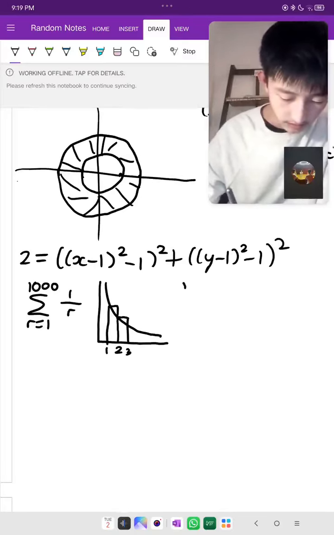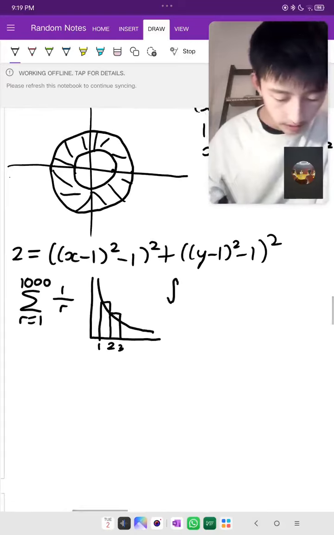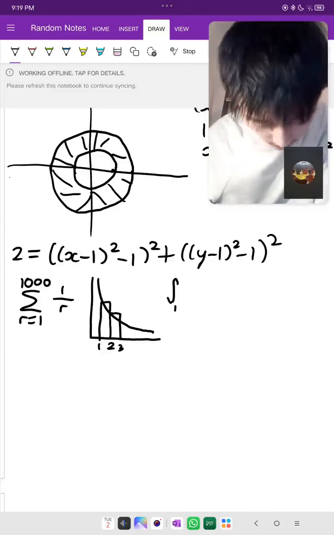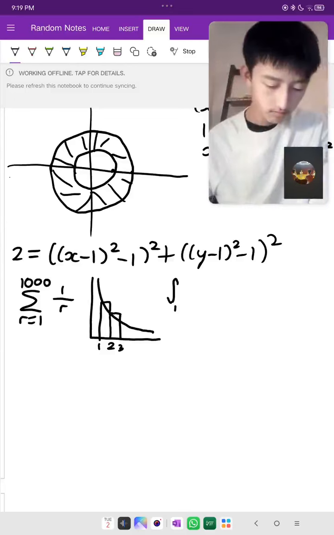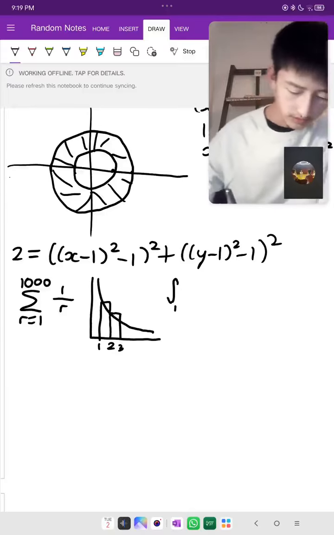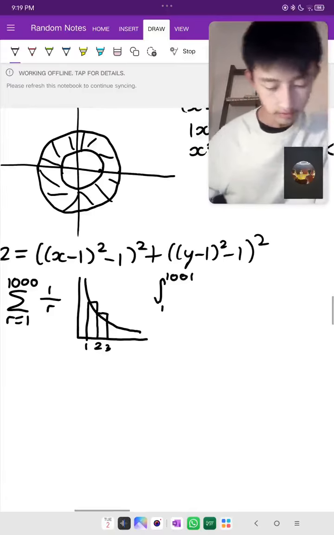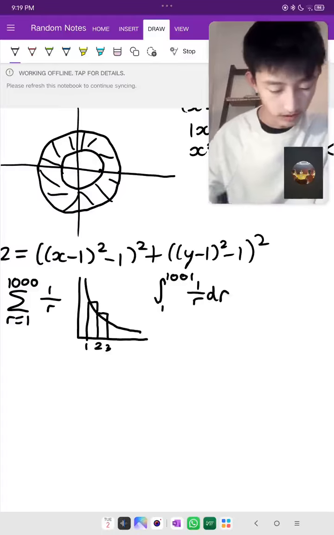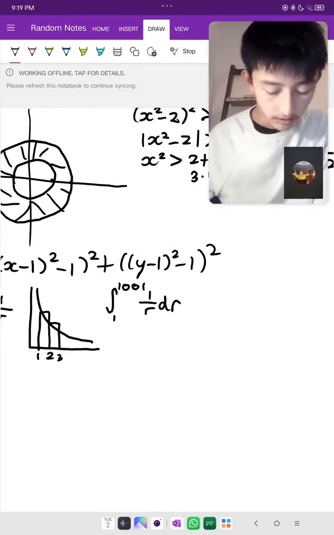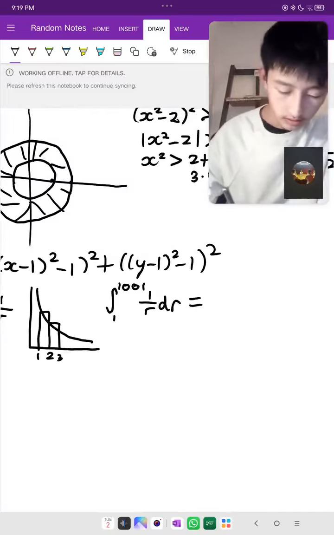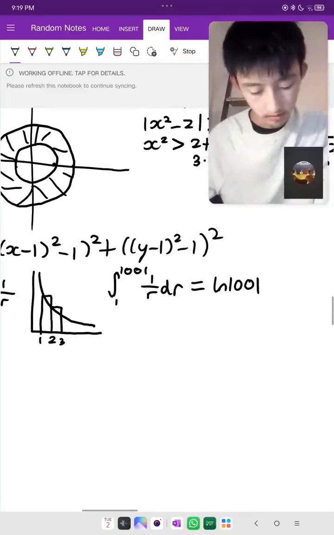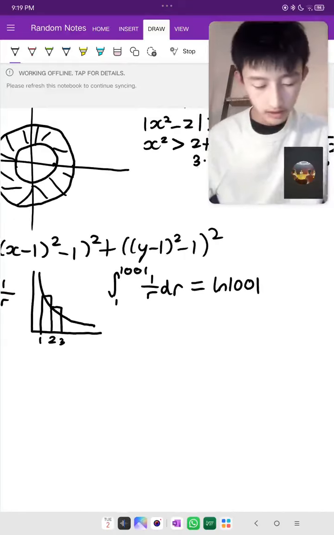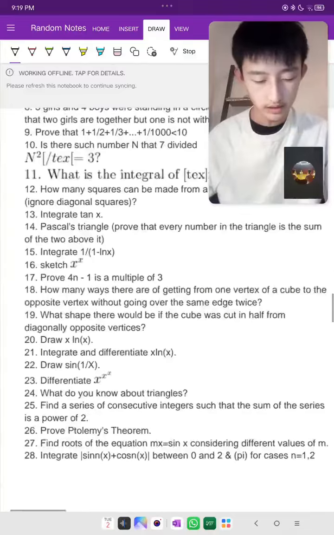So this means we are integrating from 1 to 1001, from sort of fence post principles, 1 over r dr. So that means we are going to get ln 1001 minus ln 1, which is just 0. And I guess we now wish to show that ln 1001 is less than 10.